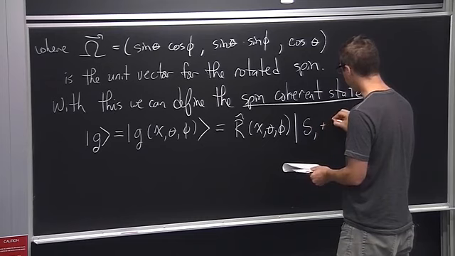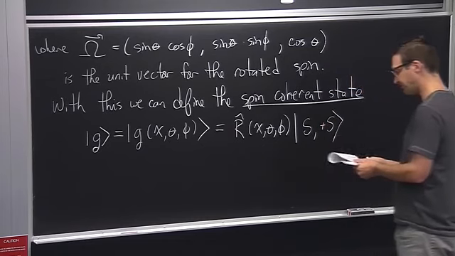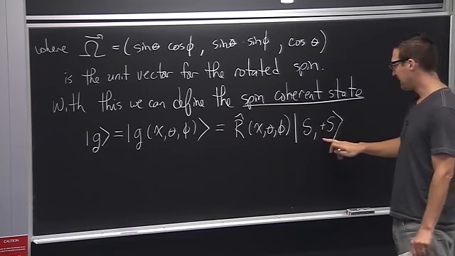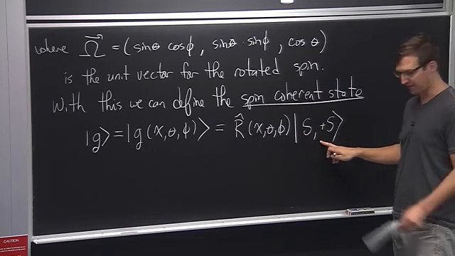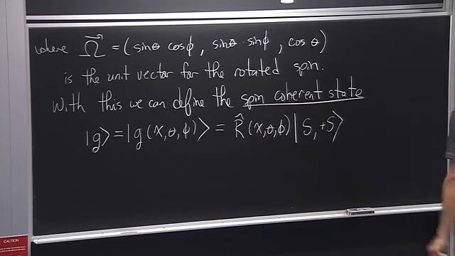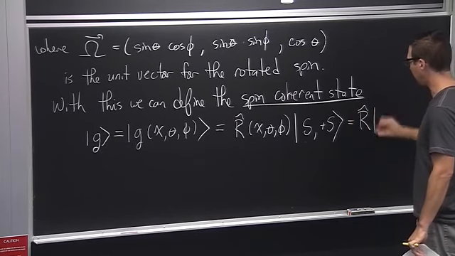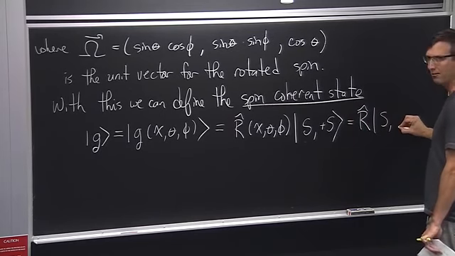I'll write it like this. That's your spin value, and that's your maximum eigenvalue, or your maximum eigenstate of the S_z operator. So you could also write it like R, S, maybe arrow up.